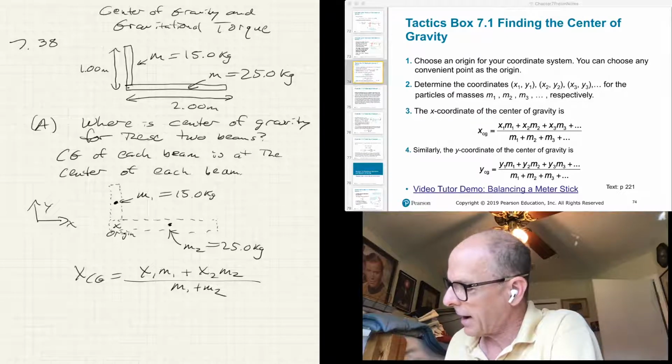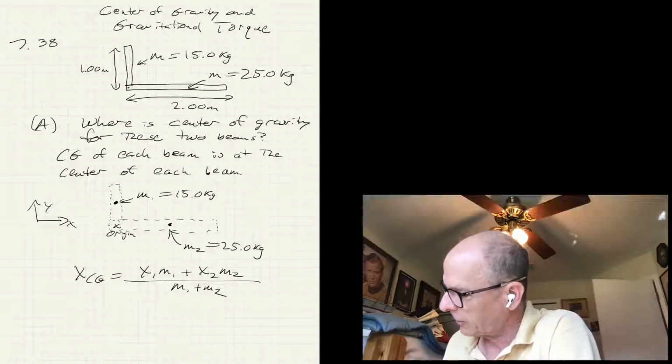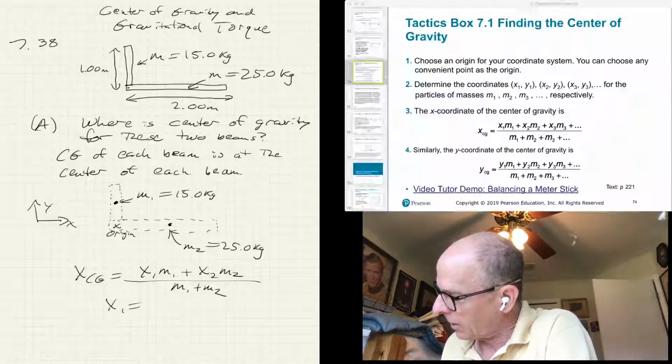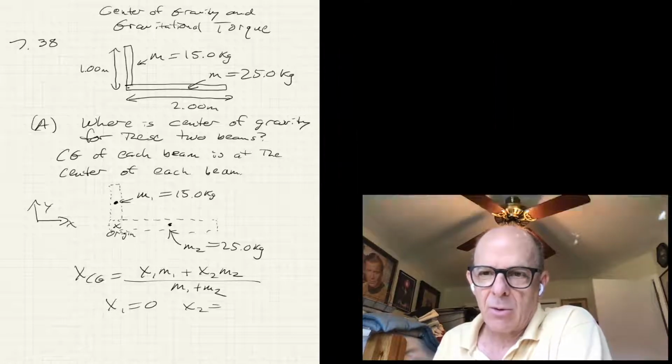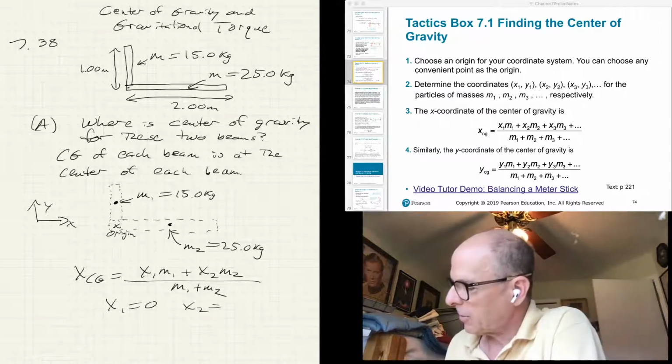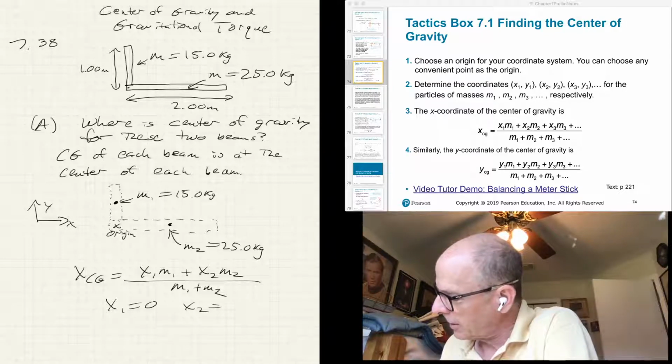It's on the y-axis, it's not left or right of x. So x1 is 0. x2 is halfway along that horizontal bar. That horizontal bar has a length of 2 meters, so x2 is 1 meter.